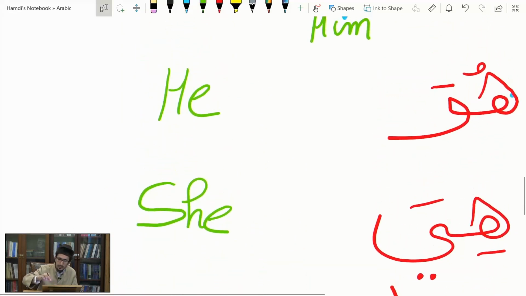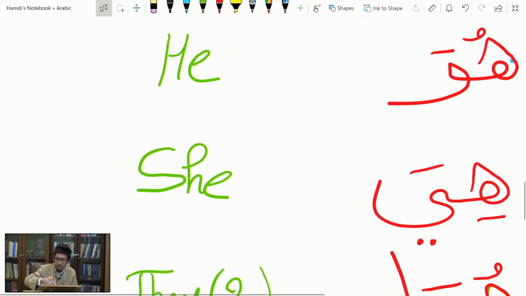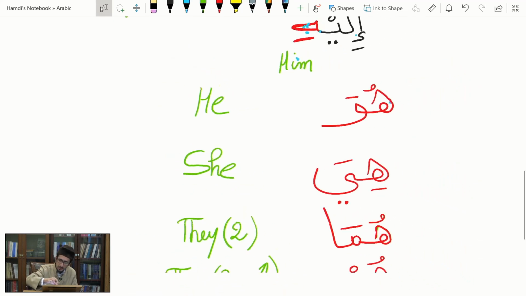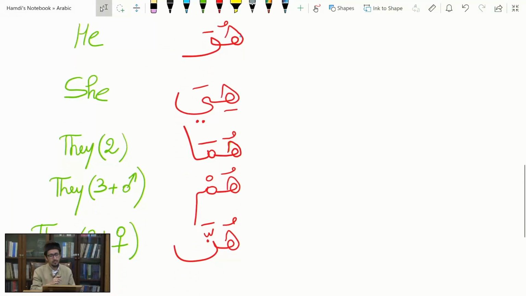So this is the set of detached pronouns. هو, he, هي, she, هما, they.